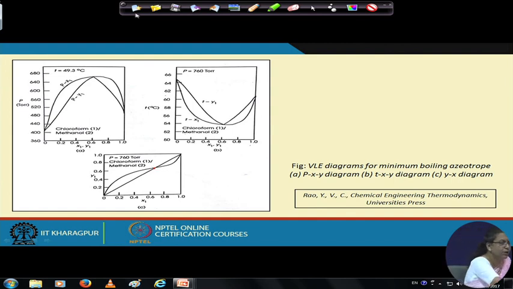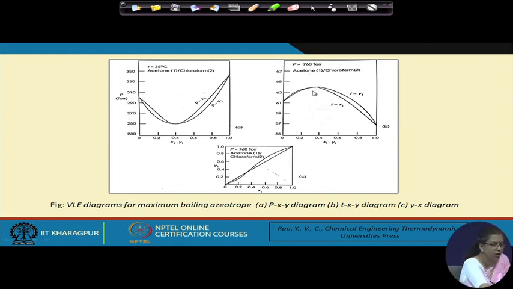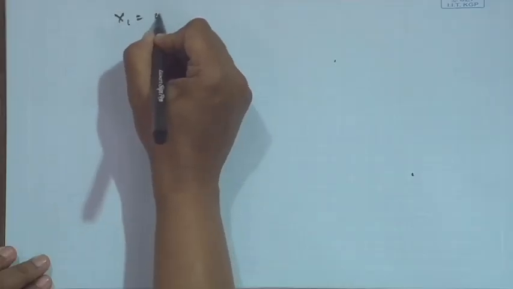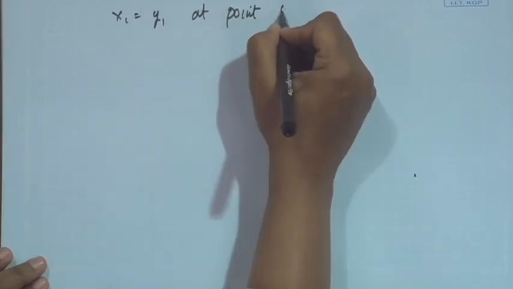In the similar way, when there is a negative deviation from Raoult's law, we have a maximum boiling mixture or a maximum boiling azeotrope, and here also it is x1 equals y1. Now, this gives you a very fortunate situation. What do we know? We know that x1 equals y1 at the point of azeotropy, right.